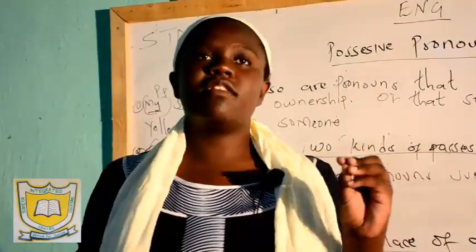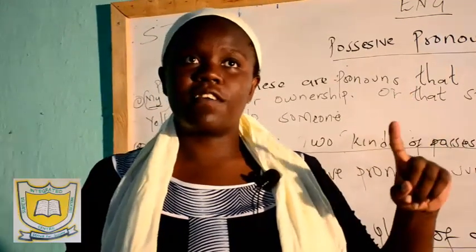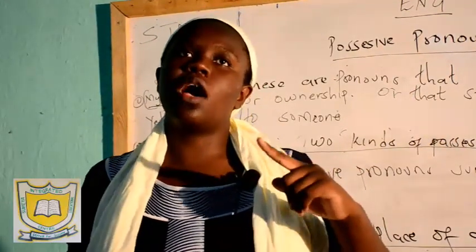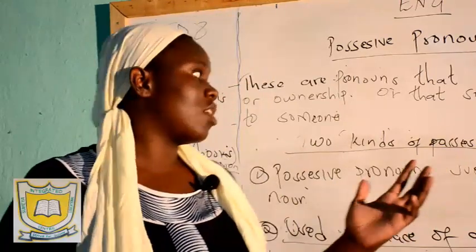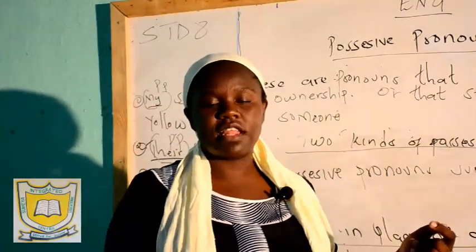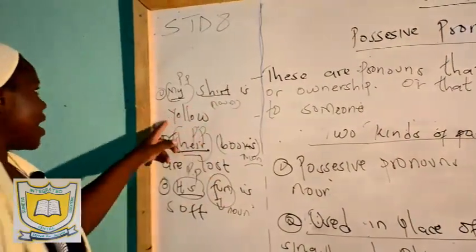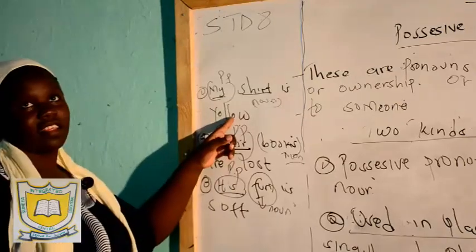So we are going to use the sentences that we used in the possessive pronouns that are modifiers to show how those possessive pronouns that are used in place of a noun can be used in a sentence. I'm going to say, my shirt is yellow. Are you getting that?